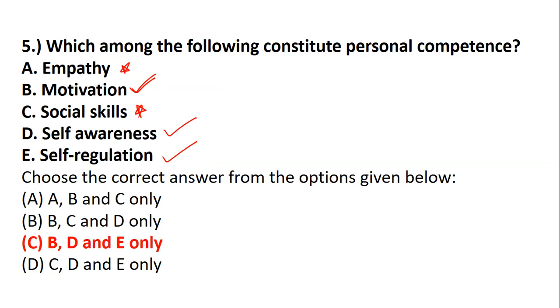Okay, just personal. It means it is related to you. So as a single individual, it can be a teacher, it can be a student, it can be any single individual. If you want to have that personal skills competency, it should be you first. So motivation, your awareness, and self-regulation are the ones which will help you to develop these skills, right?